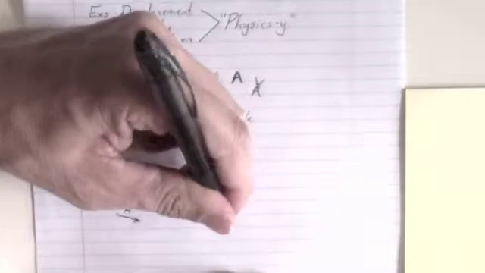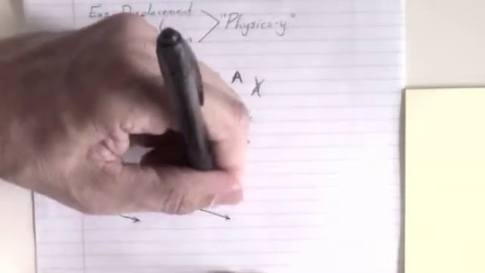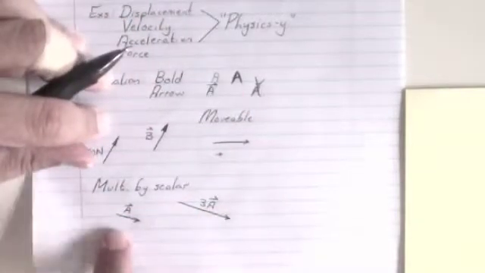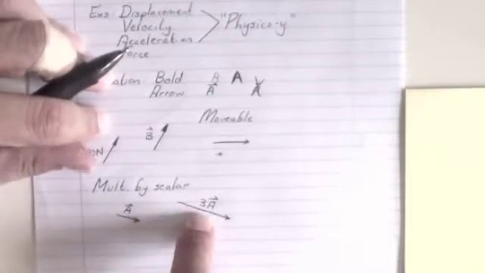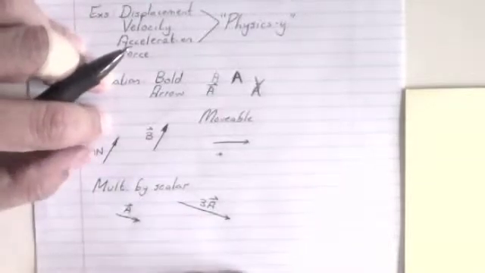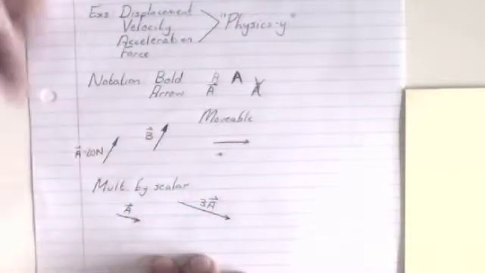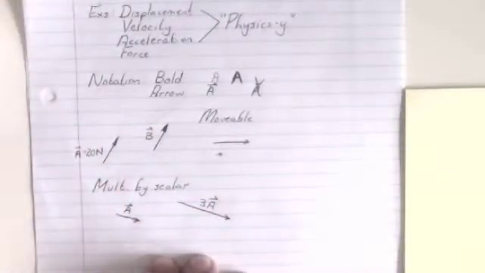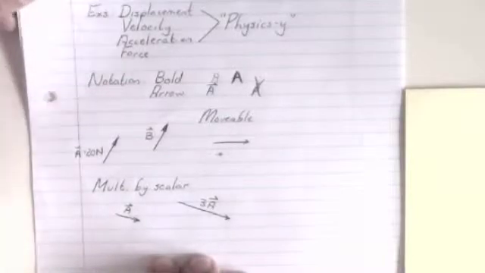I'd keep the direction exactly the same. 3A. Very easy. So if that's A, this is 3 times as big as A. So multiplied by a scalar. And once again, a scalar is just a number, 3 in this case. It can be something with units, but it doesn't have a direction.